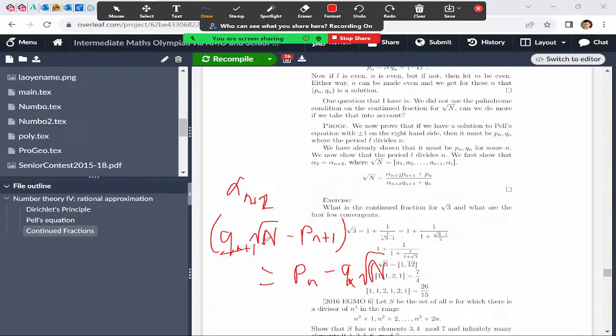Okay, so divide this, you get minus pn minus qn plus 1 root n, yeah? Okay. So this is supposed to equal the second thing. It's not quite obvious what to do, is it?